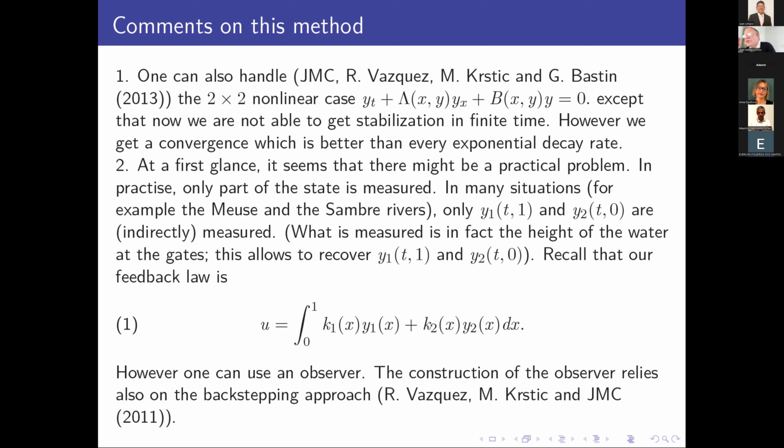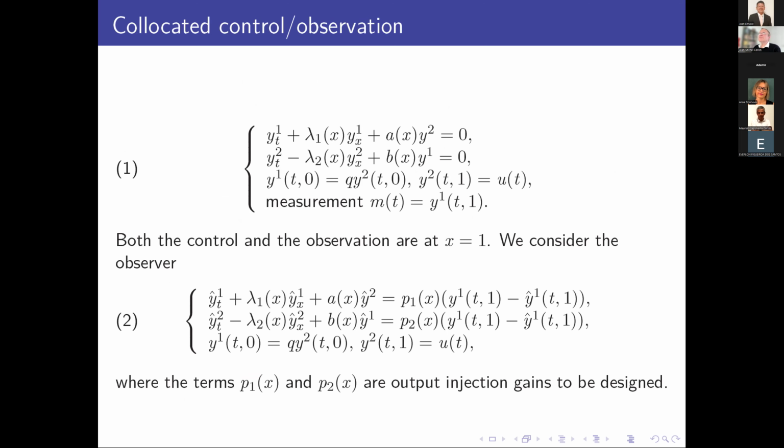But you can construct an observer, because of course it's difficult to measure y1 and y2 at any point between 0 and 1. You start with system (1), you measure only y1 at t, 1, and you try to get some estimates on y at any point x. For that, you construct an observer which is given by (2).